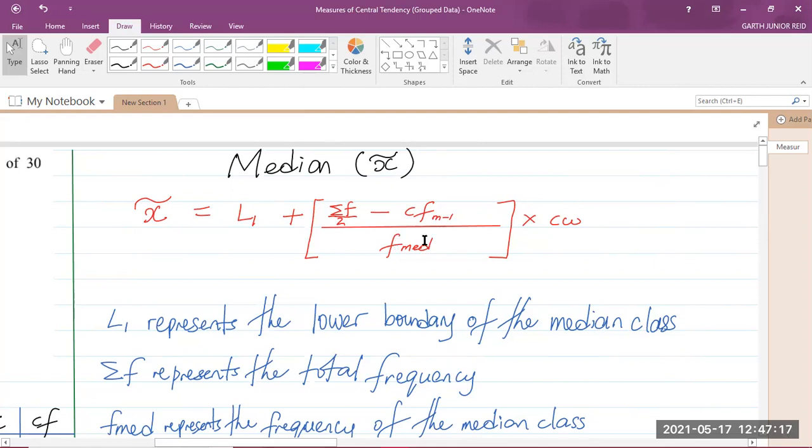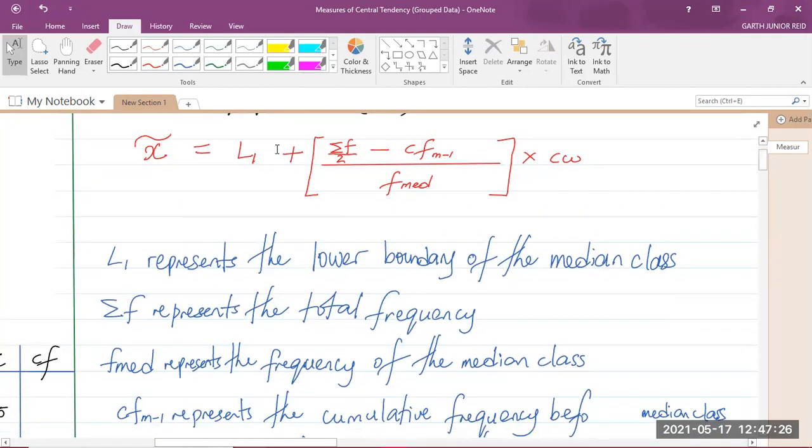The frequency of the median class, multiplied by the class width. So L1 represents the lower boundary of the median class.